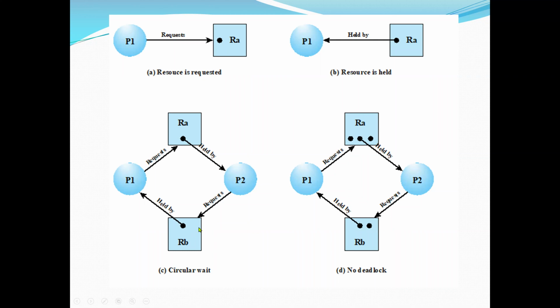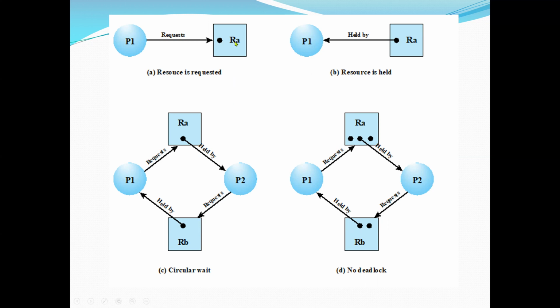So again, a useful tool in characterizing the allocation of resources to processes is the resource allocation graph. The resource allocation graph is a directed graph that shows a state of the system of resources and processes, with each process and each resource represented by a node.